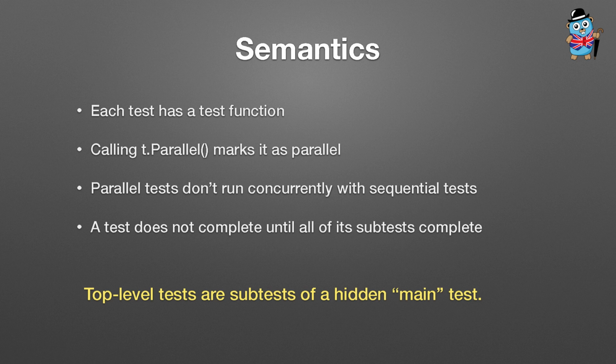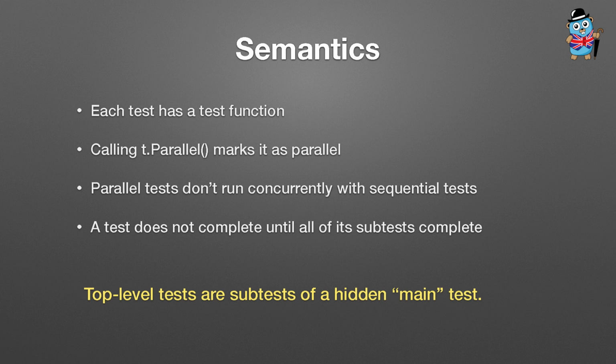Another piece, and this is new in 1.7 semantically, it was implied in the old one but not really, is that if a test calls a subtest, that test will not complete until all its subtests are done. The way you can see this is, you call Run, and it will call its test function internally.